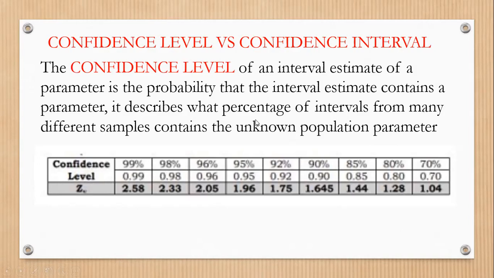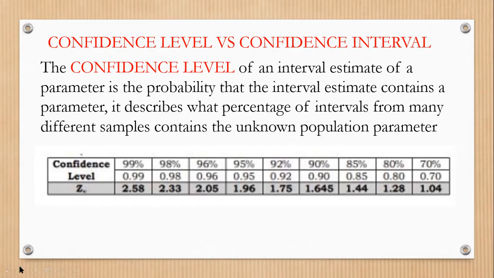It describes what percentage of intervals from many different samples contains the unknown population parameter. So this is already the table for the confidence level. You don't need to look for the value. It all depends on the confidence level used. If it is 99%, then we have this value of Z, and then for 98, and so on and so forth.